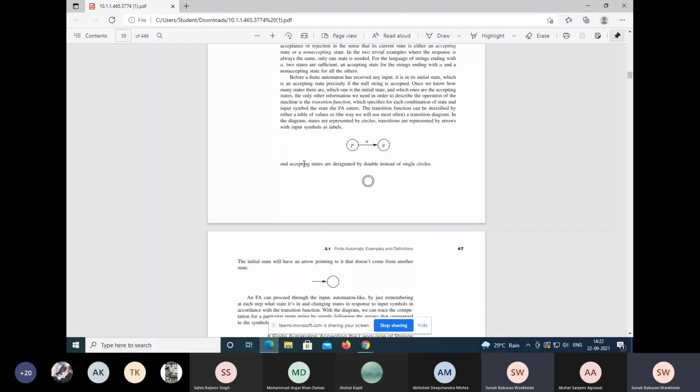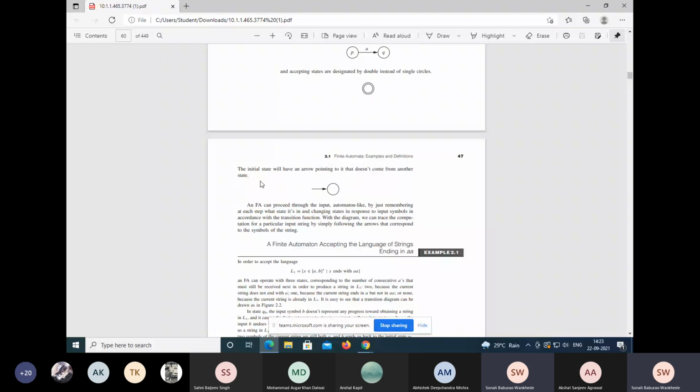And accepting states are designated by double instead of single circles. Over here, you have double circles, so this is the accepting state. It is ready to take more inputs. So that's the difference. The single circles are just states, which can be accepting or non-accepting. But the double ones are generally the accepting states.